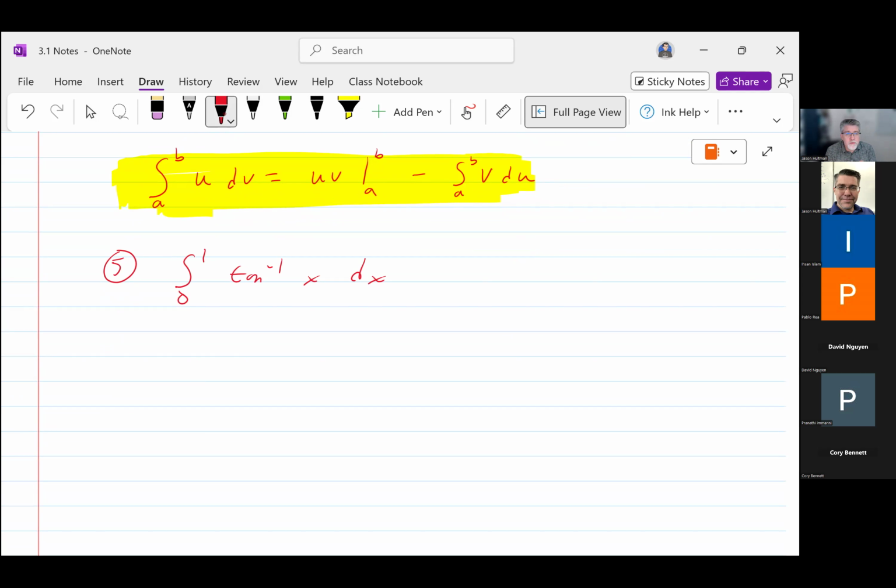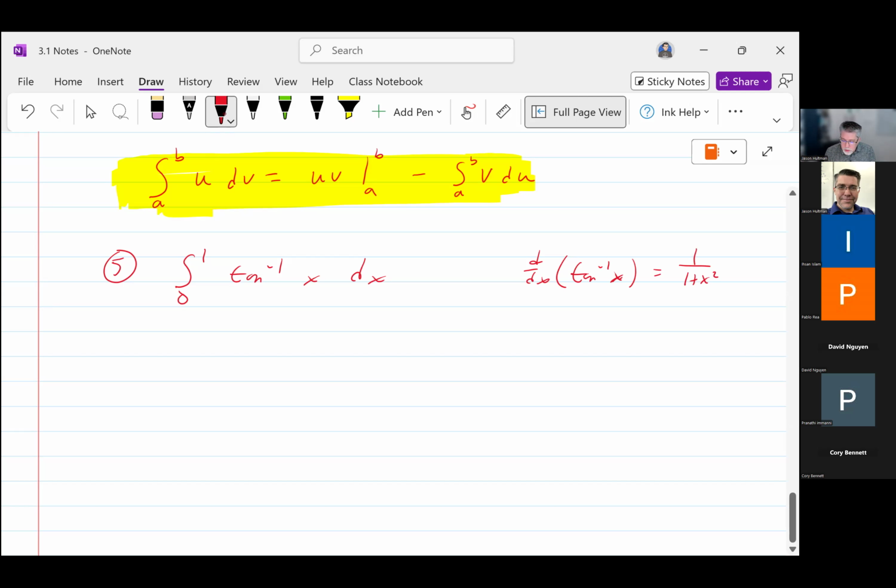So the derivative of inverse tangent, I understand. Just like with the derivative of natural log, I understood what the derivative of natural log was. The derivative of inverse tangent is equal to 1 over 1 plus x squared.